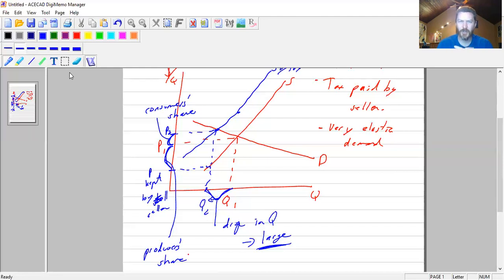Just a few implications. You don't have to memorize this for the exam. Here, I can stop screen sharing. These implications, I don't expect you to memorize them at all. But what I want you to do is to understand this model, understand the nature of this model, understand how to work through this model, and understand how to apply this model to different questions, different policies, different scenarios.